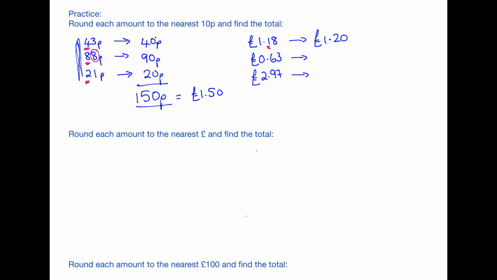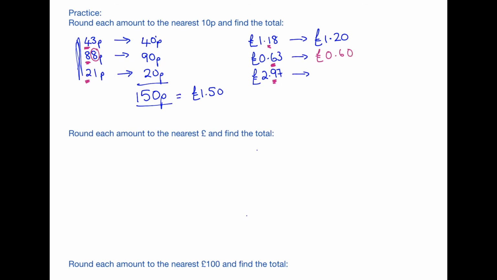When we're looking at this second one, 63p, the 6 is the 10 pence digit. So that means that the 3 tells us to leave the 6 as it is. So we've got 60 pence there. And with the last one, the 9 is the 10 pence digit, isn't it?